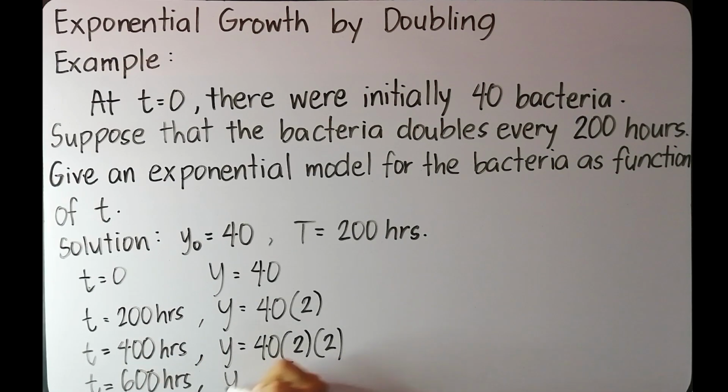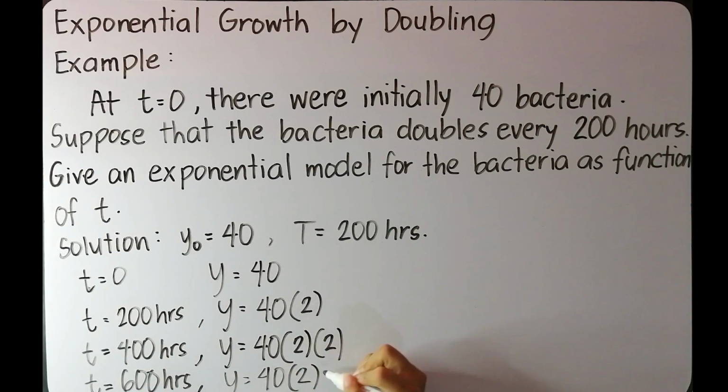How many bacteria do we have? We have 40 times 2. Since 600 divided by 200 is 3, your bacteria will double 3 times. So we have times 2, times 2, and times 2.